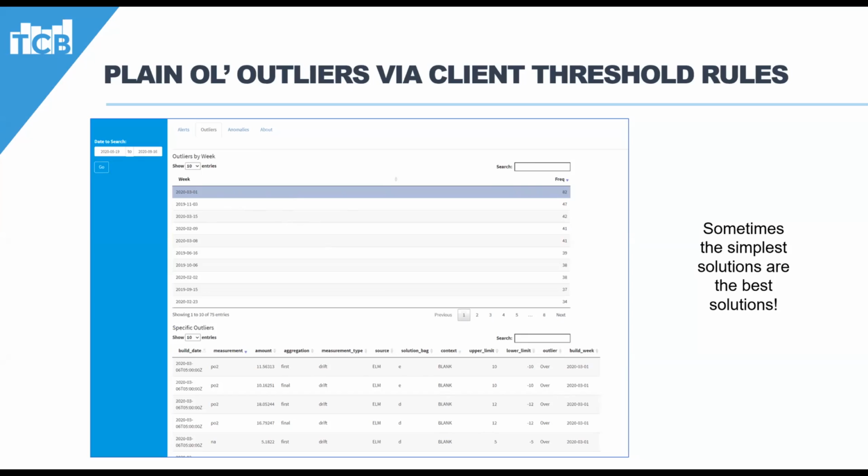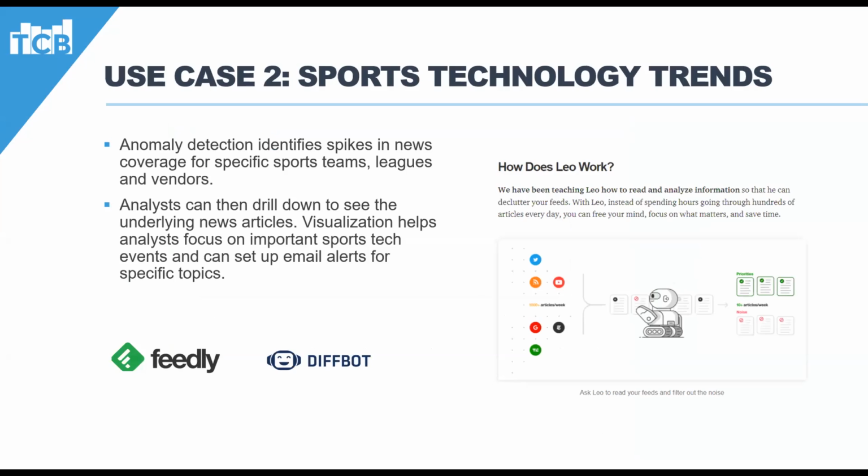Looks like I'm good on time. The next use case I want to talk about is with a sports technology company that researches up and coming trends in sports tech, and how to keep fans engaged. Obviously now during COVID, it's even more important to somehow keep people interested in sports. Identifying trends like VR and AR used in stadiums or wearables on athletes.